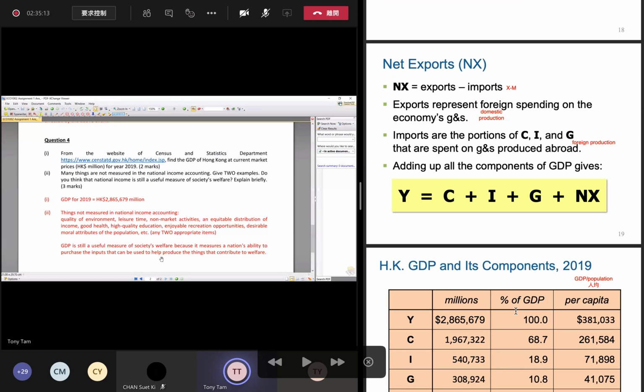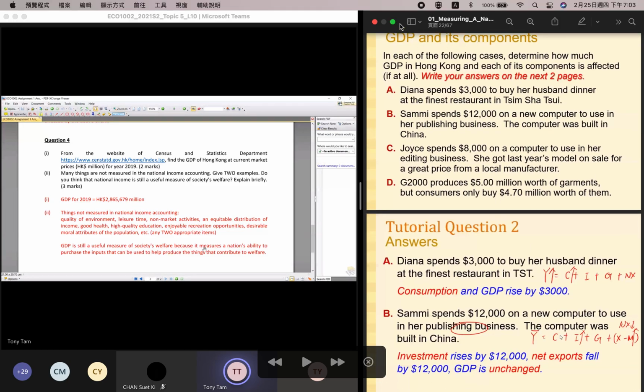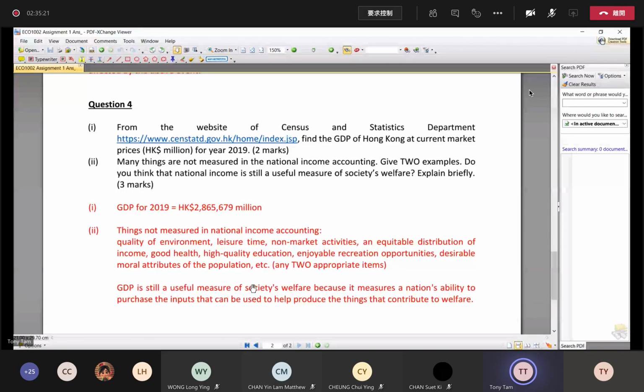Why do we say that? The higher the GDP, the higher the education we can provide. The higher the GDP, we can hire the inputs that clean up our environment. The higher the GDP, the better the educational system and the better the medical system, right?